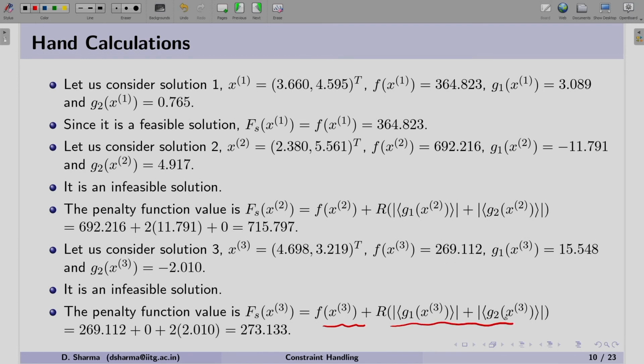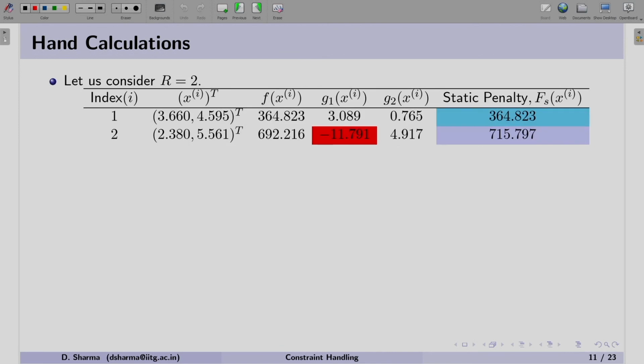We first consider the objective function plus 0 for G1, because it is already satisfied, plus 2 times the violation of G2, since it is not satisfied, so we take a positive value. In this case, the fitness of solution number 3 is 273.133.